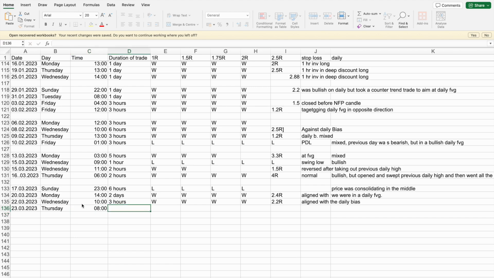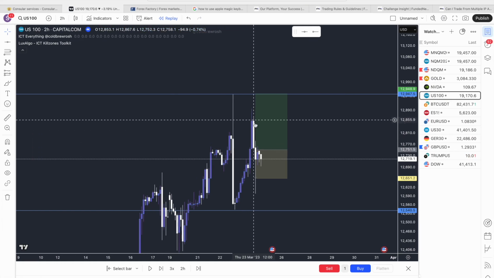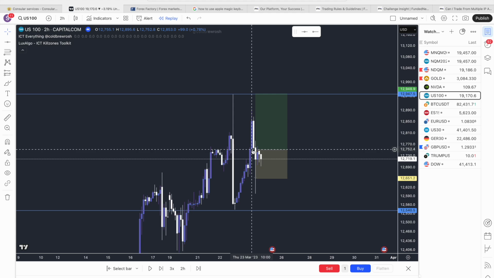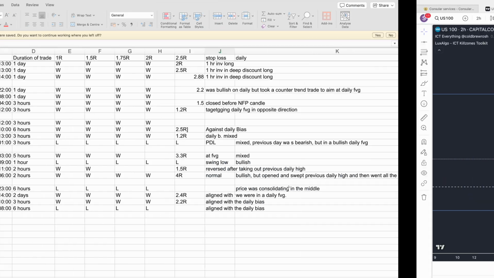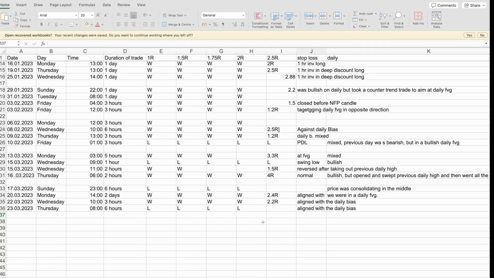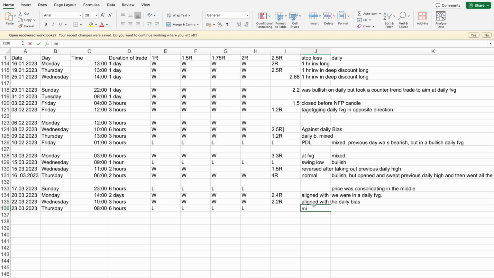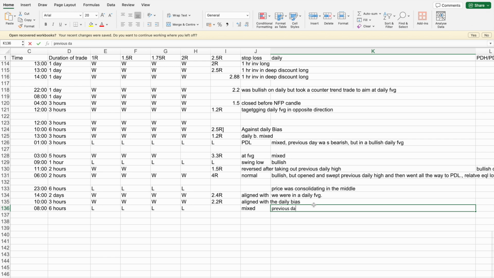8 a.m. This was, we took an 8 and around 6 hours. Did this align with daily bias? I mean, not really. Actually, no, because daily bias was mixed, if I'm being honest. Mixed. Previous day was a large range day.